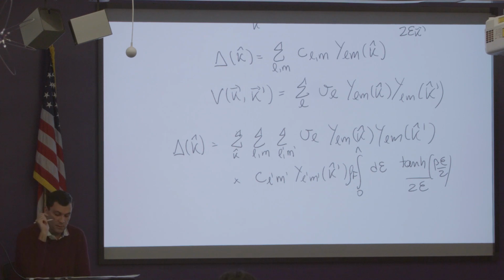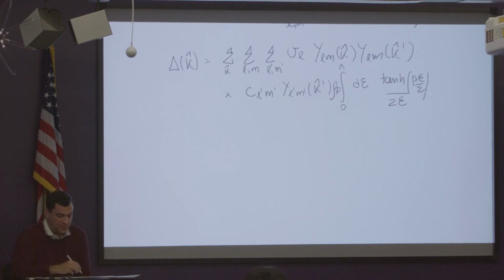Yes? No sum over L and M, only over L prime and M prime. No, I have here, sorry, I have this one, from the V. Oh, I see. Sorry. Yeah, no problem. I'm not going to take points out of your grade.